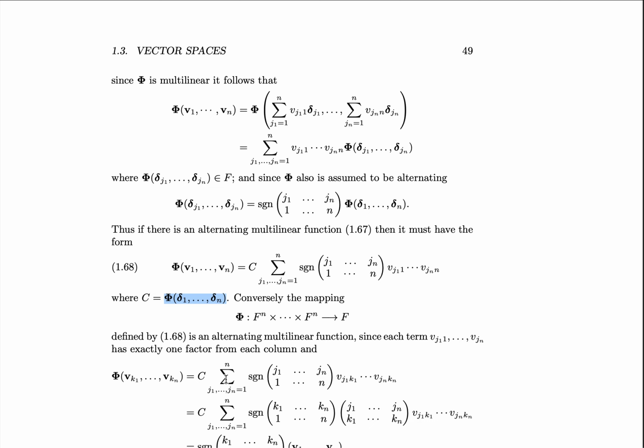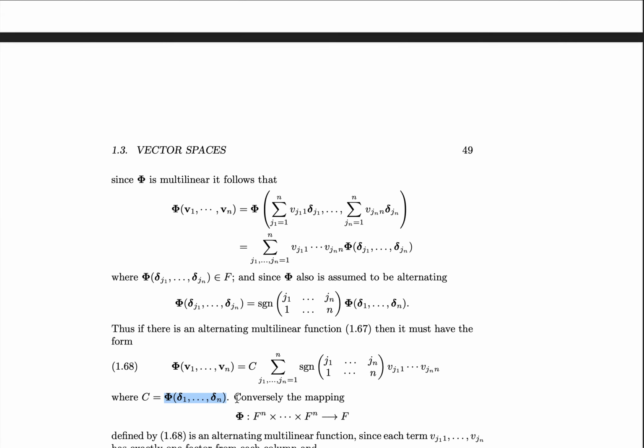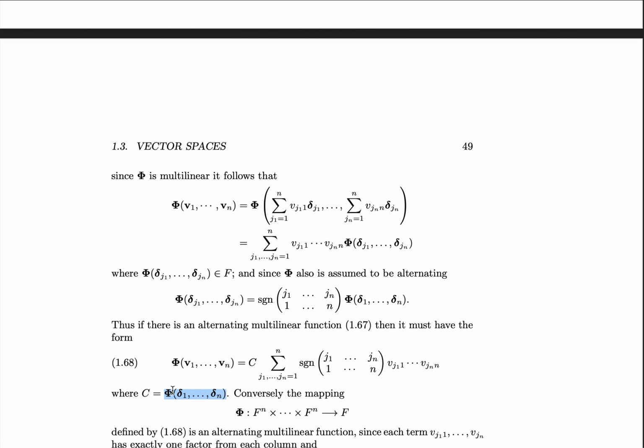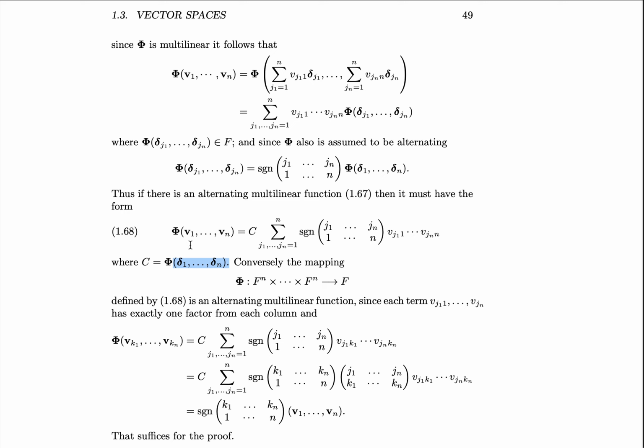That is, we've now shown that any multilinear phi is determined up to this constant factor c, which we define to be phi on the standard basis in its standard listing. Your definition of standard will change your constant c, but otherwise it is uniquely determined.